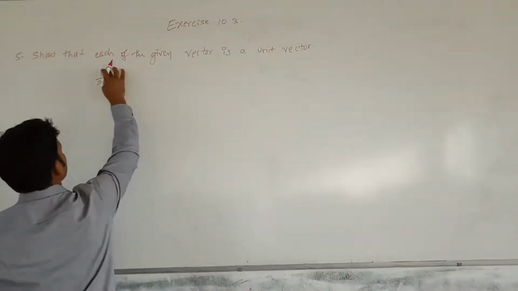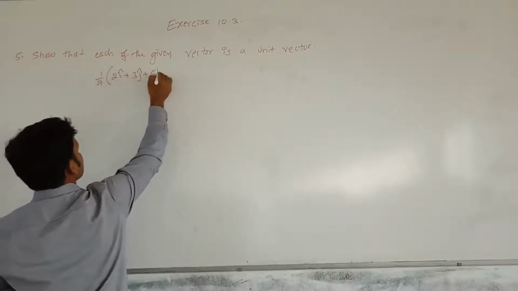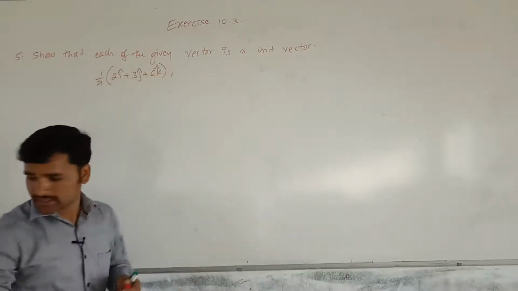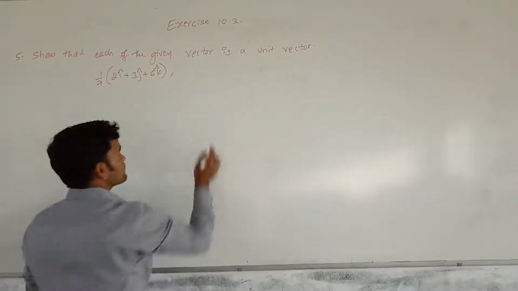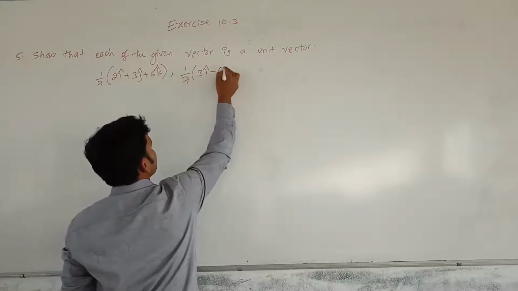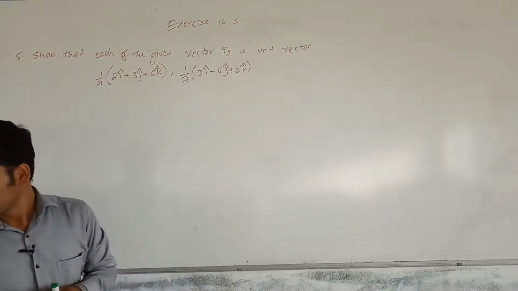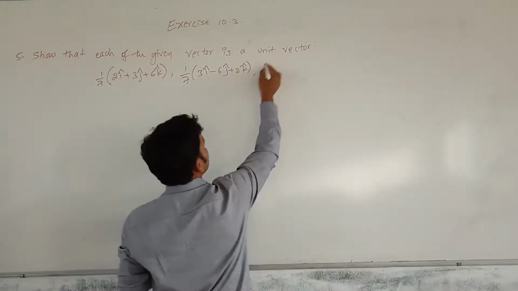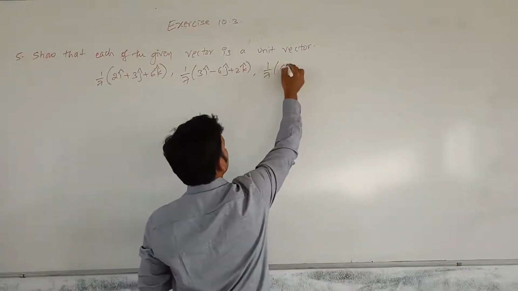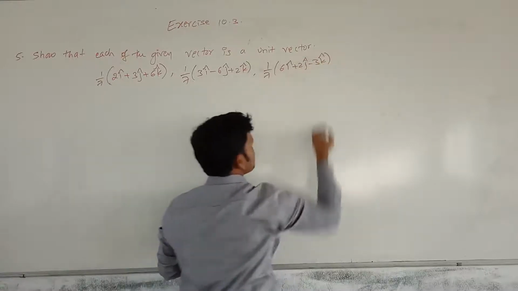First one is 1 by 7 into 2i plus 3j plus 6k, then 1 by 7 into 3i minus 6j plus 2k, and 1 by 7 into 6i plus 2j minus 3k.